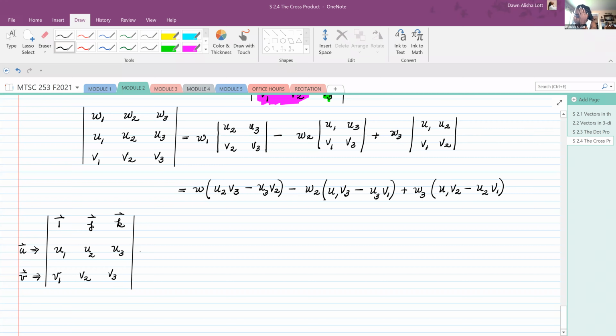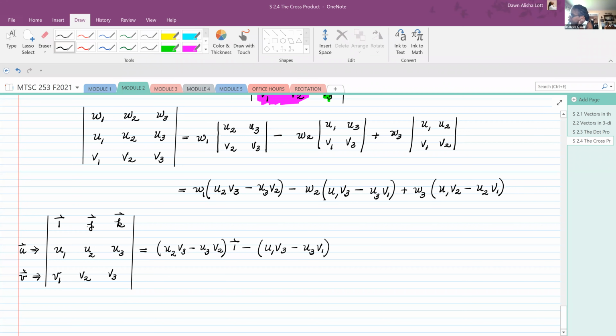By following the same thing, where I have W1, I'm actually going to have I. So this is going to be U2 V3 minus U3 V2, but it's going to be times I, the first thing, minus, then I'm going to get U1 V3 minus U3 V1.